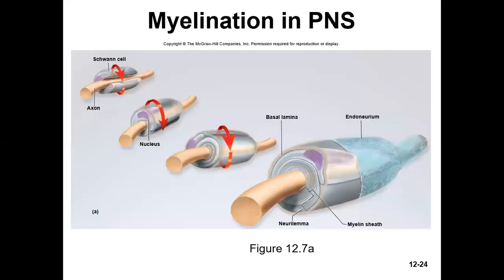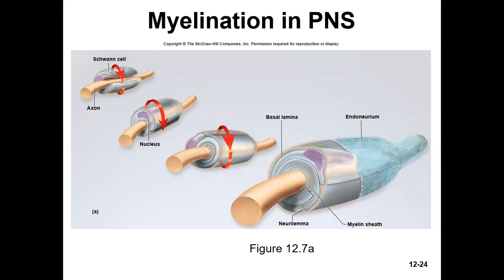So here is how myelination will happen within the peripheral nervous system. There's our axon, there's our Schwann cell. Remember, it is just multi-layers of plasma membrane until eventually it isn't. So the endoneurium we get to see on the very last part of the picture here is that outer wrapping paper around the sheath.